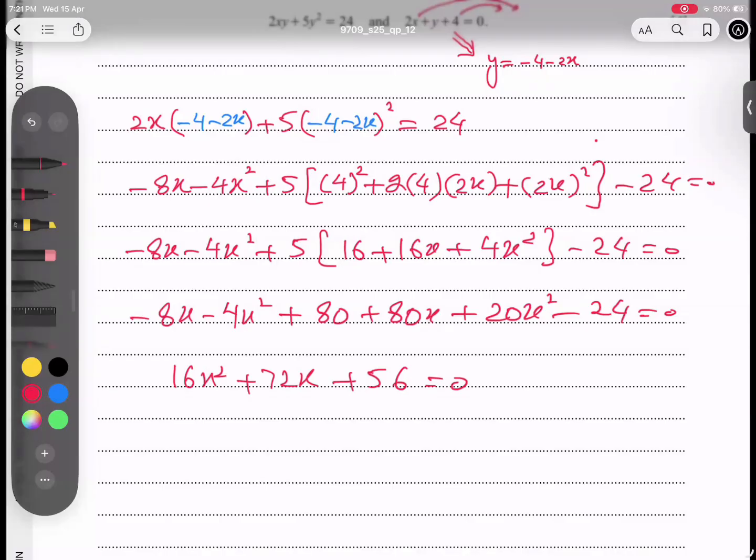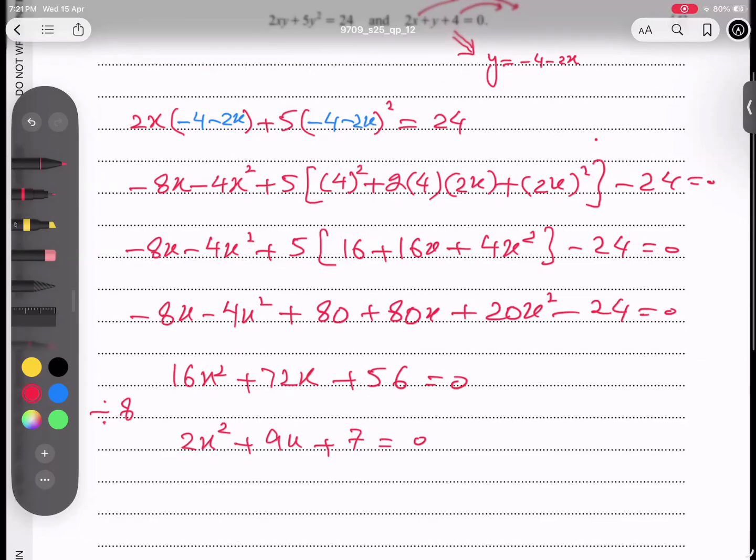And now we can divide the whole equation, well, let me check. 8, 8, 8, I think 8 divided by 8 is okay. 8 to the 16, 8 to 72, 8 to 56. Okay, now I can factorize easily.